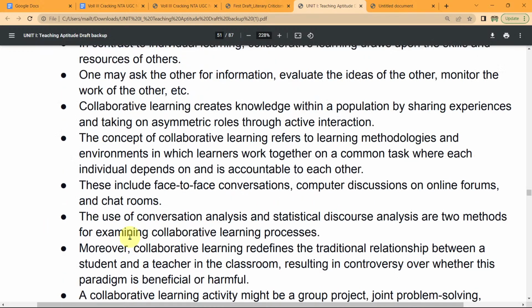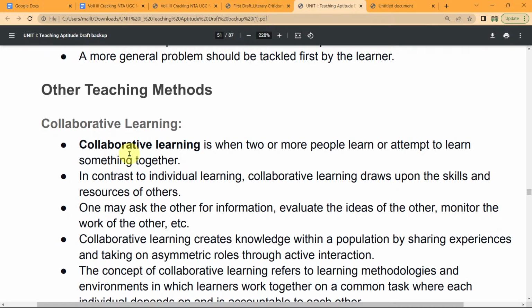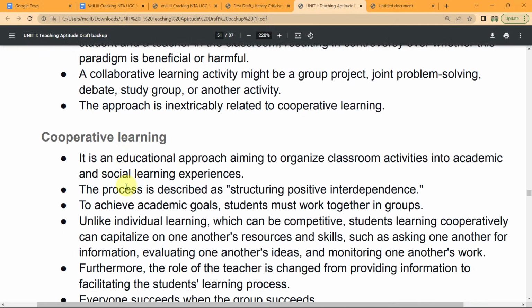Again, cooperative learning. One is collaborative, one is cooperative. Cooperative is an approach aiming to organize classroom activities into academic and social learning, structuring positive interdependency. To achieve academic goals, students must work together in a group.